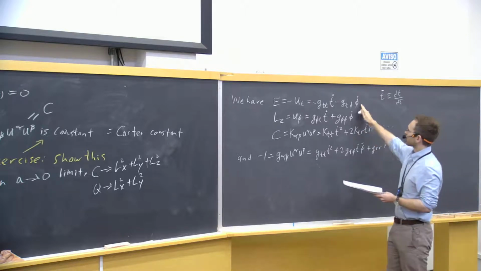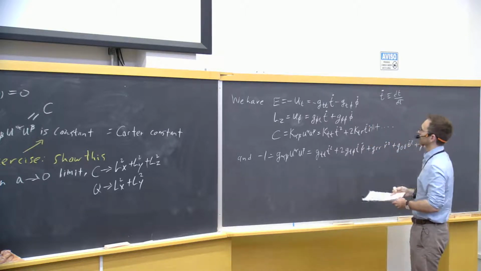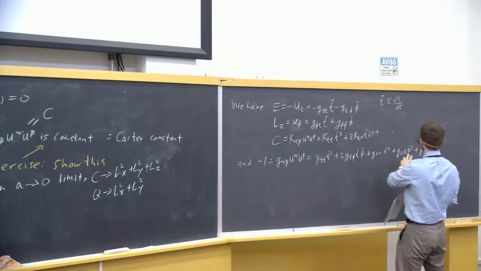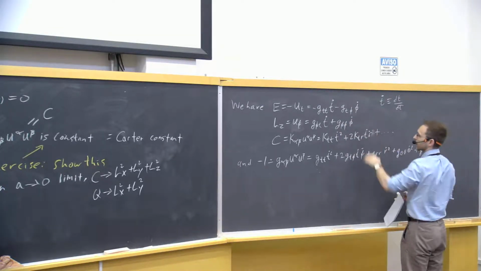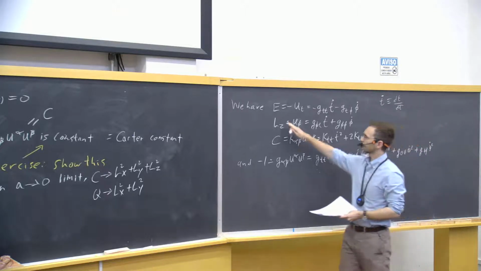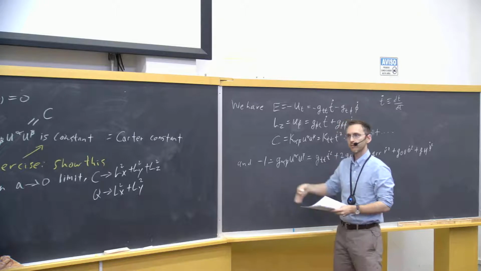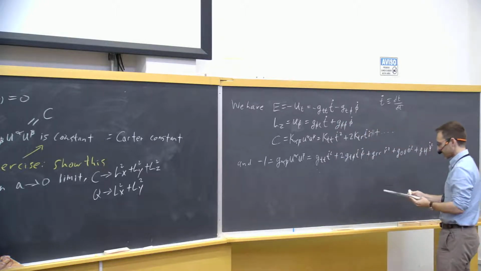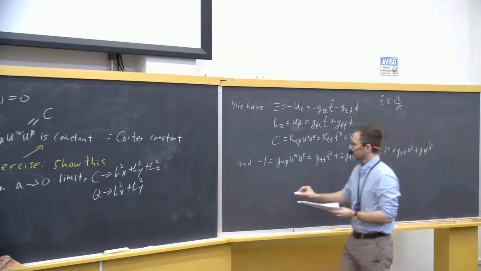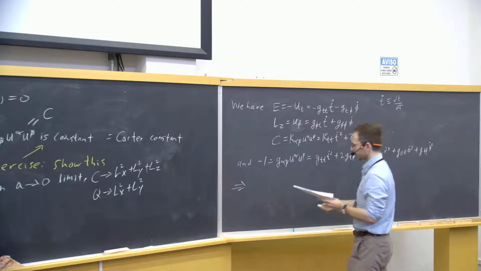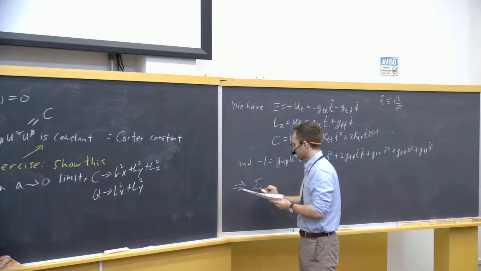So we now have 4 equations relating t dot, r dot, theta dot, and phi dot to these 4 constants of motion, E, Lz, Q, and just this minus 1. So we can rearrange to get equations for each of these time derivatives.